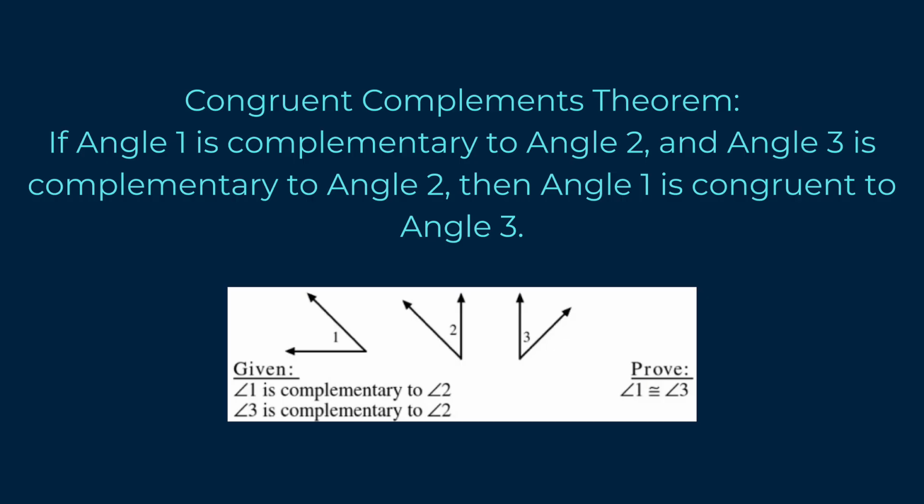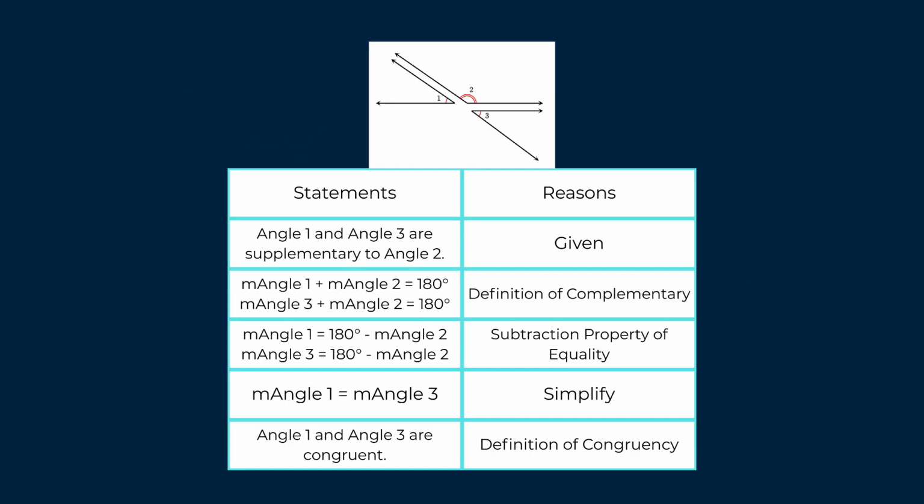This next theorem that we're going to talk about is just the same thing, but with supplements. As you can see, this is the entire proof. It's basically the same as last time, except that we are dealing with supplements instead of complements. That means that each pair adds up to 180 instead of 90.